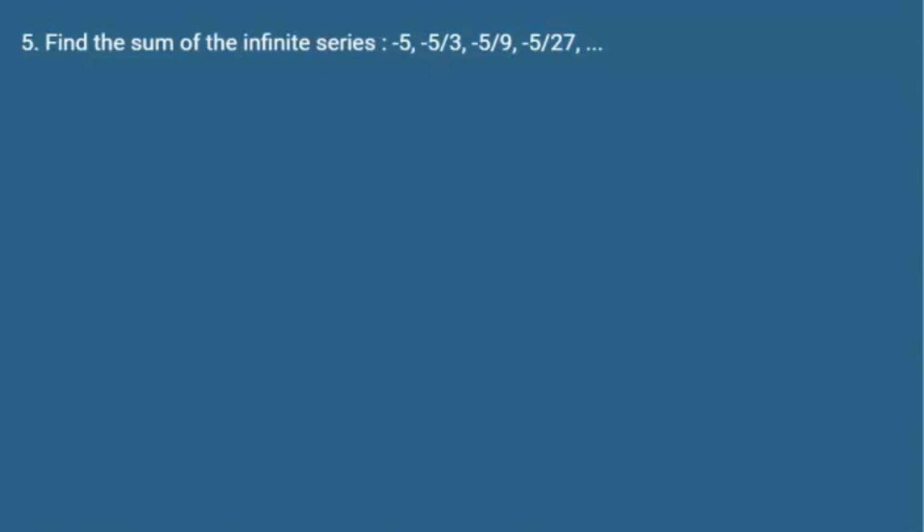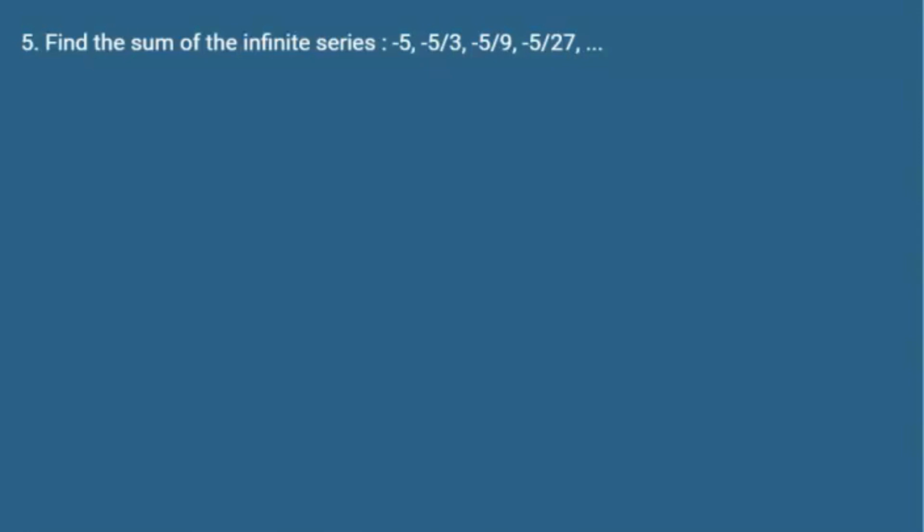Example number 5. Find the sum of the infinite series negative 5, negative 5 thirds, negative 5 over 9, negative 5 over 27, and so on. Let's say, for example, the word infinite is not mentioned. How do we know which formula to use, the finite formula or the infinite formula?